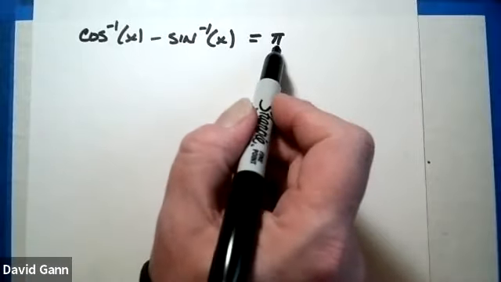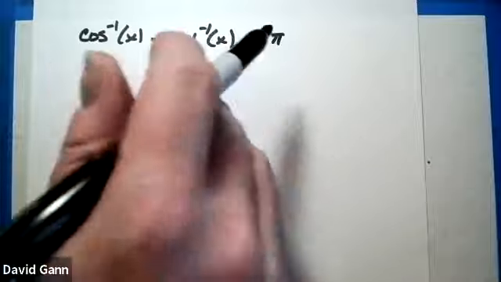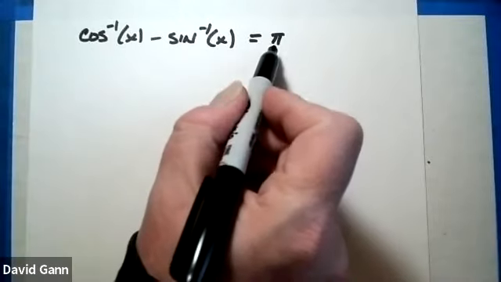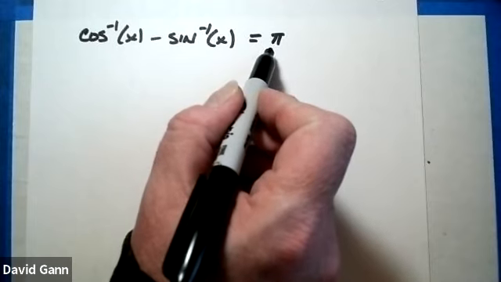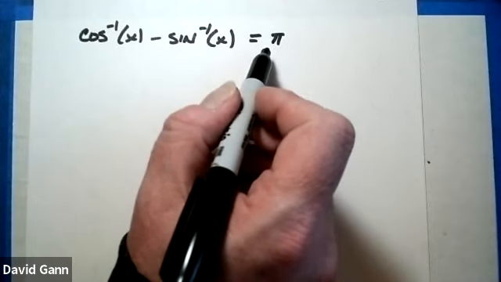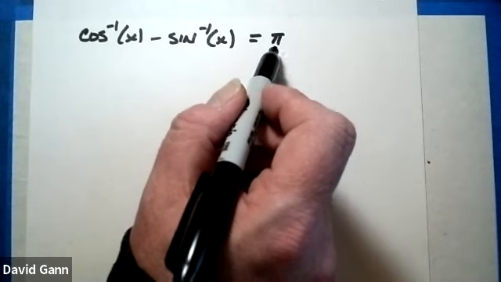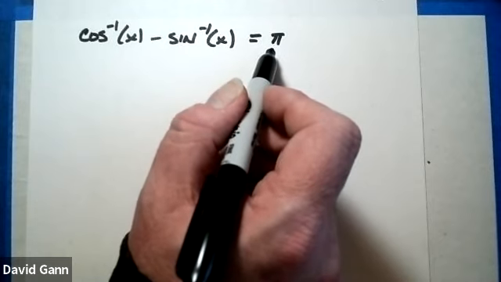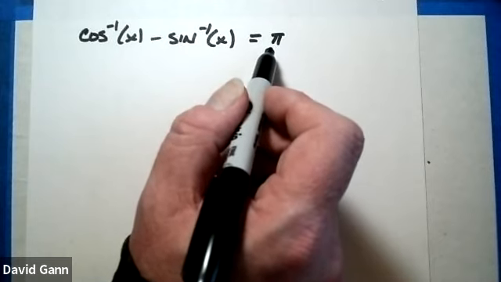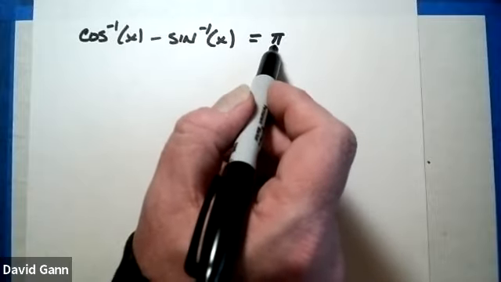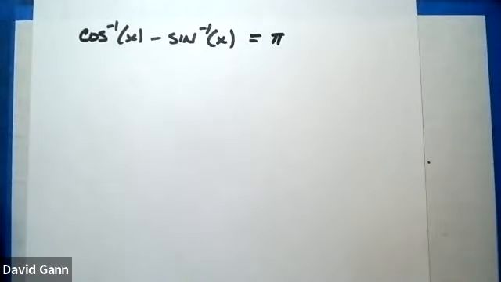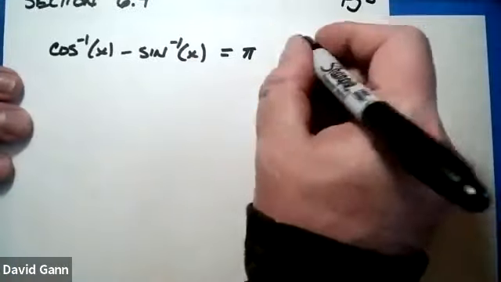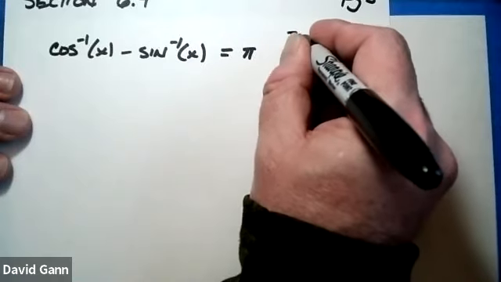So the strategy here for me is to say, I want to do something with that pi so that when I take a trig function of pi, I want it to be 0. You may not be able to do that, but when you can, it's a really smart move. So I'm going to take the sine of both sides because the right-hand side will become 0.